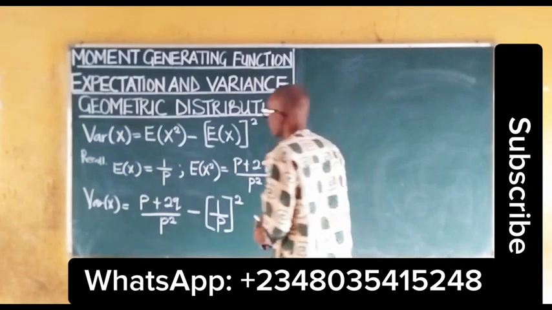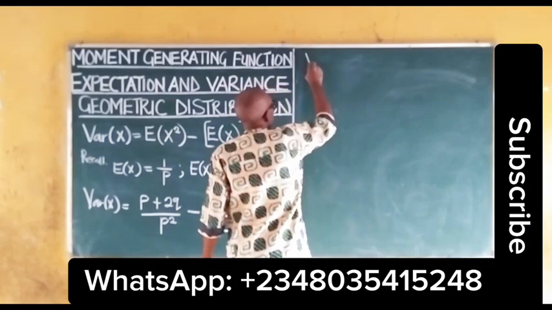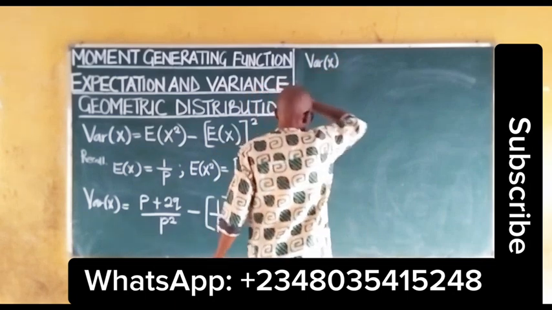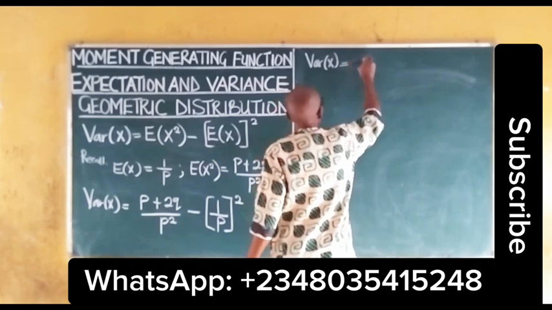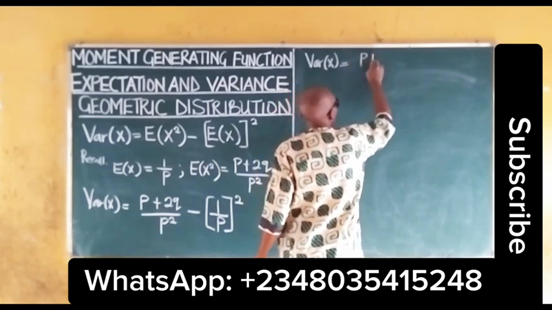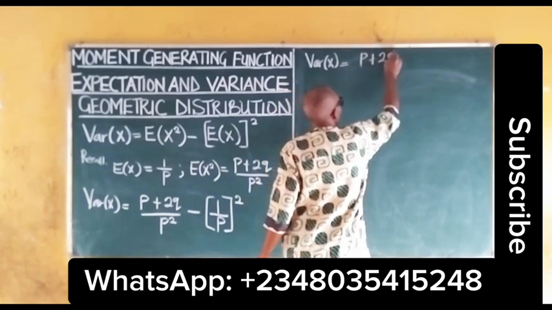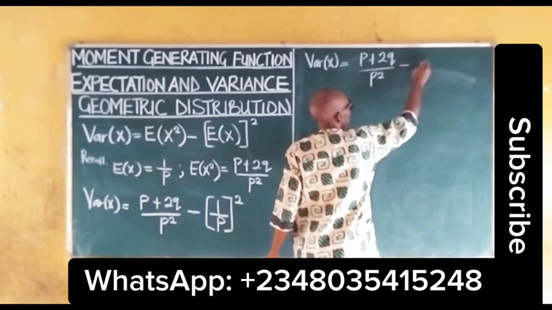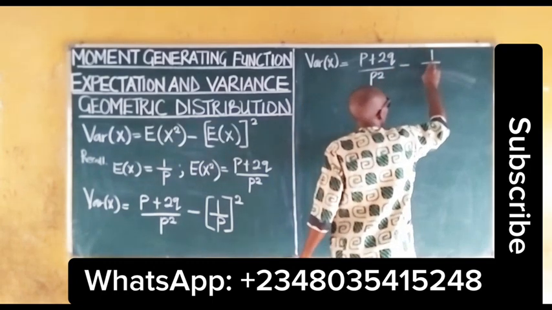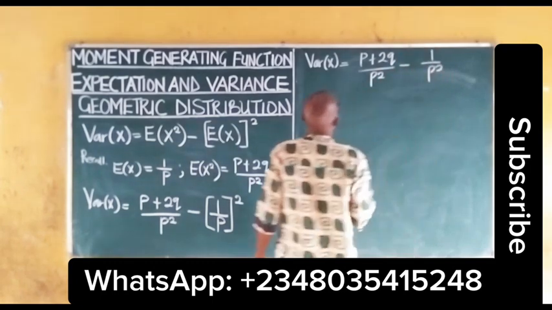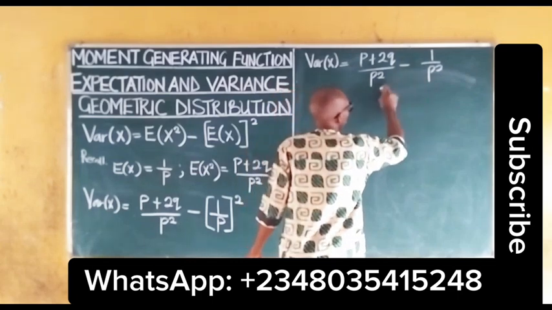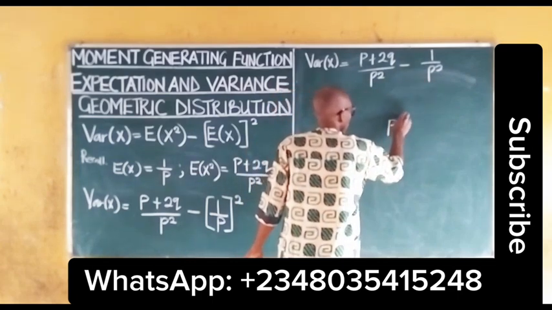Now we have our variance of x to be equal to p plus 2q all over p squared minus 1 all over p squared, which is also equal to the LCM of p squared, which is p squared.